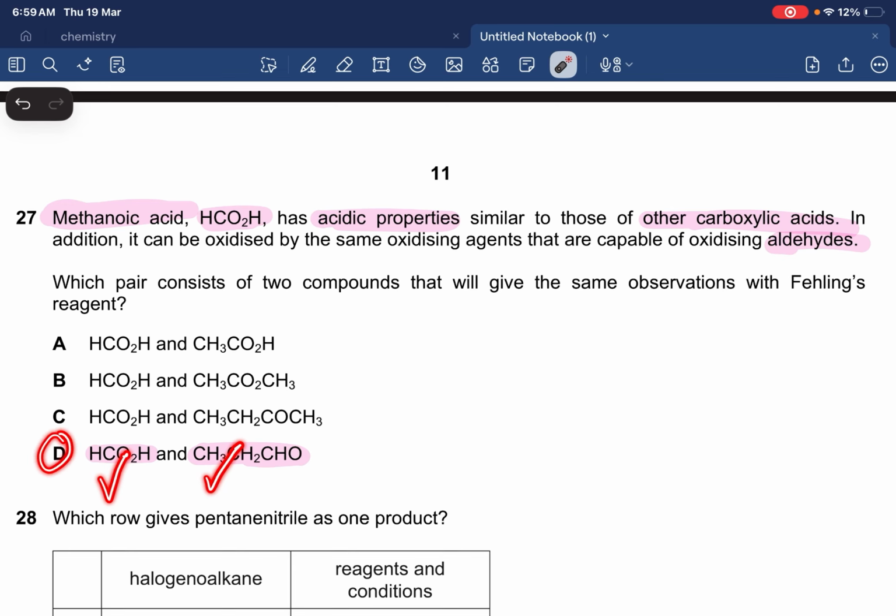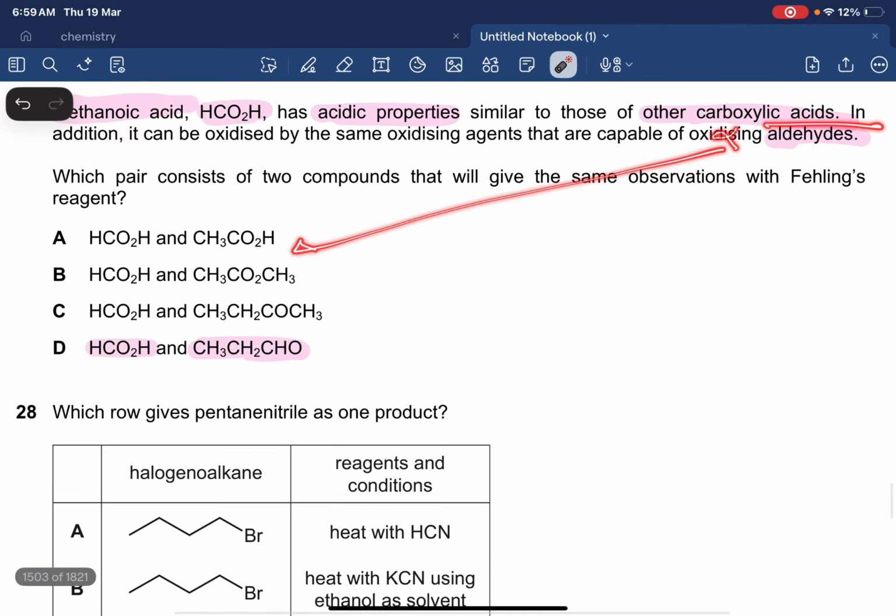So I guess this is an acid and this is also an acid. They only told us methanoic acid can be oxidized. They never told us about ethanoic acid. And this right here is an ester, I guess. No, this is a ketone, so that's correct. Fehling's reagent does not give any positive test for ketones.